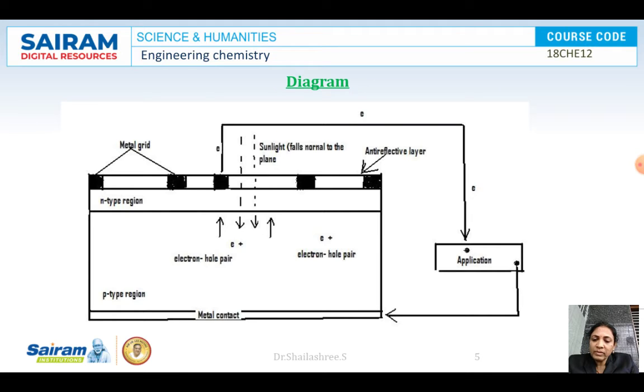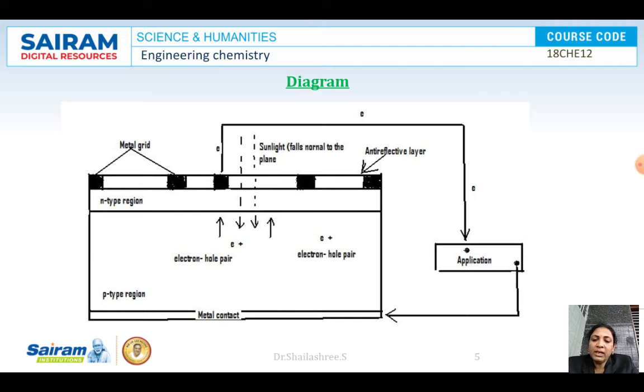The PN junction will be at the center. The top region is called the N type region, and the bottom region is called the P type region. There will be an anti-reflective layer which makes more and more sunlight fall on the PN junction.